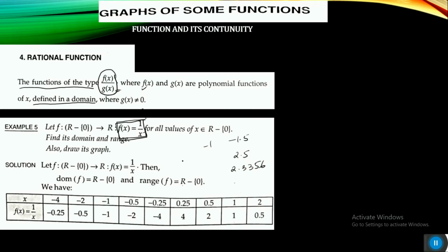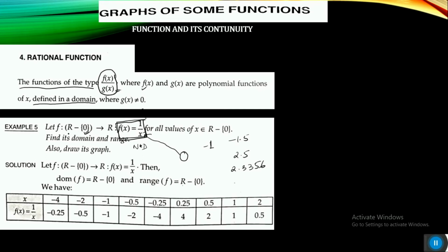But look at this, if you choose 0, because that is also a possibility, and put it here, the function will not be defined. Clear? So what will I do to make this function defined? I will remove 0 from its domain.